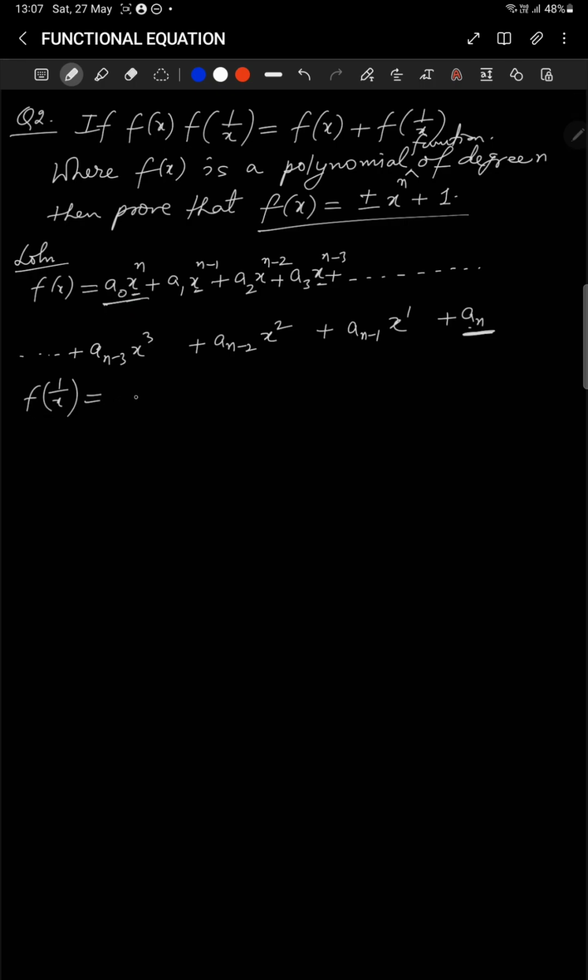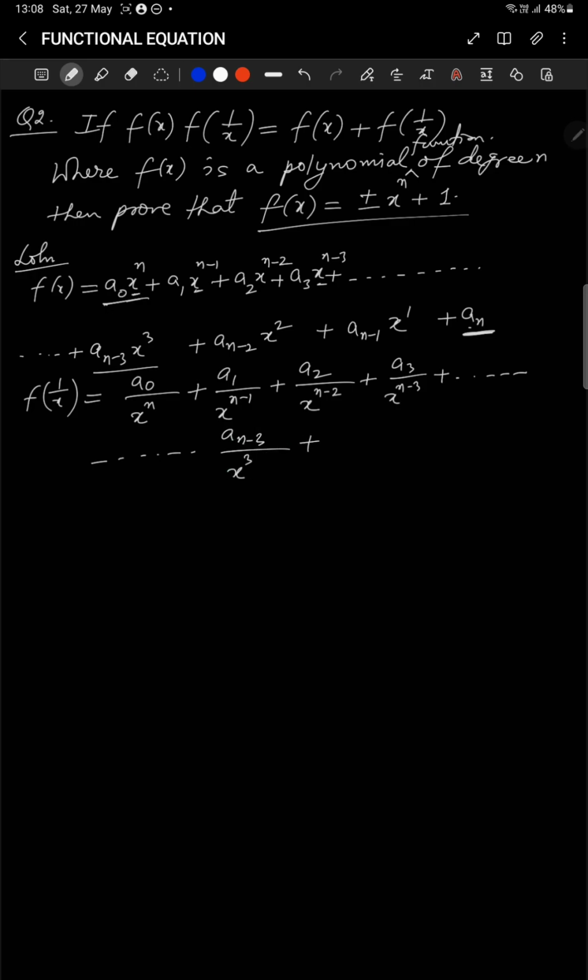So f(1/x) will become a0 divided by x to the power n plus a1 divided by x to the power n minus 1 plus a2 divided by x to the power n minus 2 plus a3 divided by x to the power n minus 3 plus dot dot dot, and it continues, and this term will turn into a(n minus 3) divided by x cube plus a(n minus 2) divided by x squared plus a(n minus 1) divided by x, and an will remain as it is. I hope you all have understood.